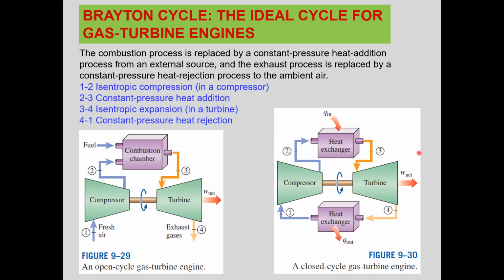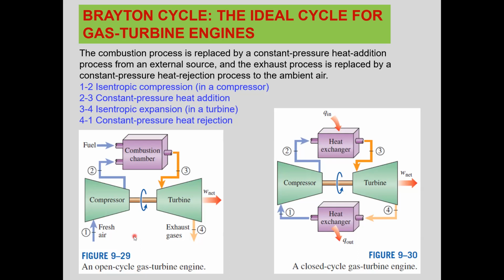These are traditional, conventional power plants, like steam power plants, gas turbine engines, and internal combustion engines, and they are all power-producing systems. Today we will discuss the Brayton cycle, which is the ideal cycle for gas turbine engines. So gas turbine engines are used to produce power.